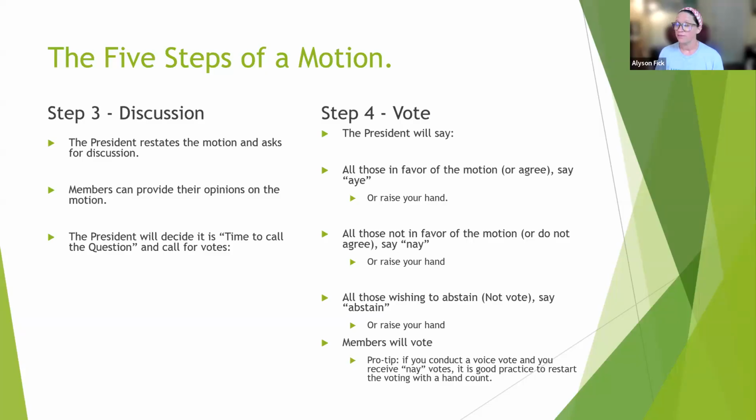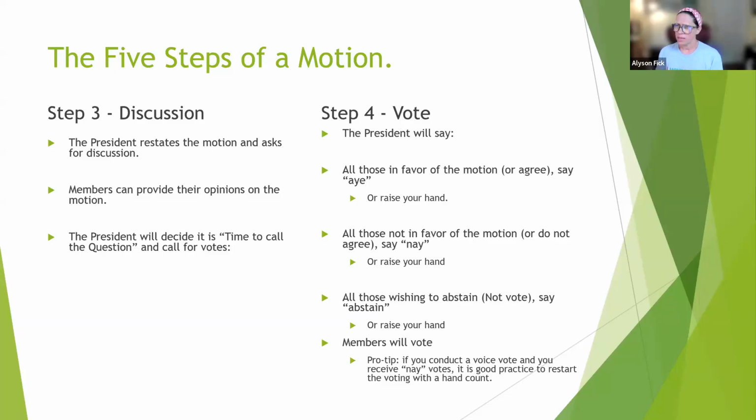All those not in favor of the motion or do not agree say nay, or raise your hand. All those wishing to abstain, not vote, say abstain or raise your hand. Members will then vote once each of those categories has been called out.